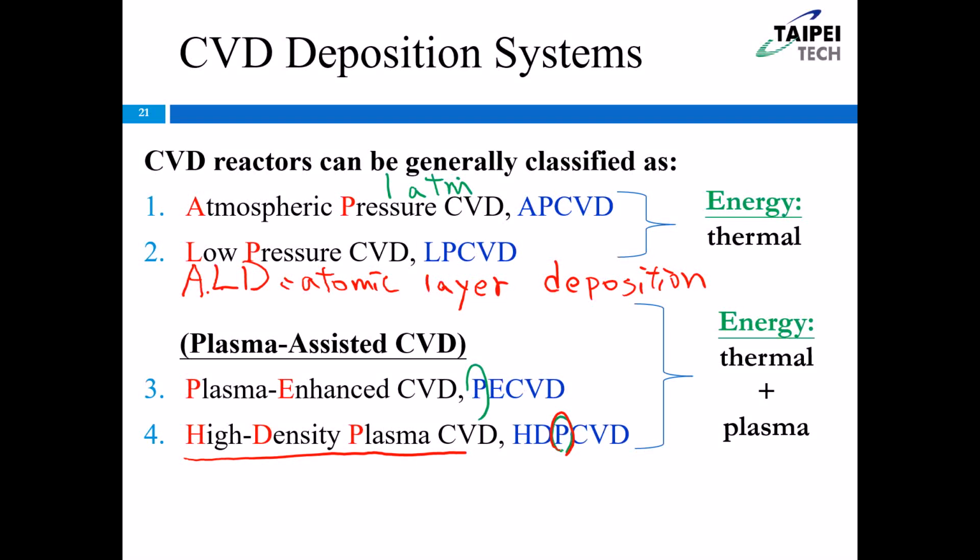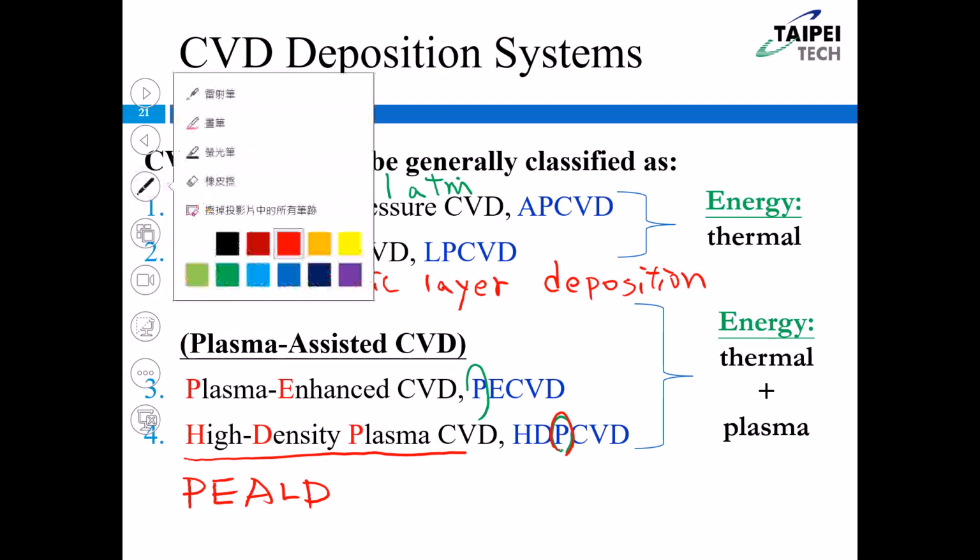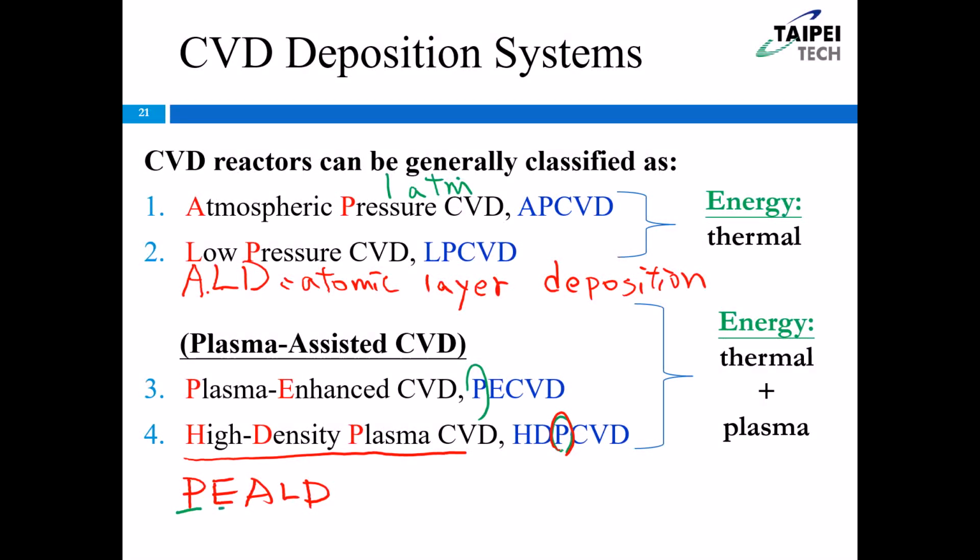If we only say ALD, it's atomic layer deposition, and the energy source is from the temperature, from the thermal energy. Okay. However, we also have another ALD. We call it PEALD. So PEALD, this PE is just like in PECVD, plasma enhanced CVD, right? PEALD is plasma enhanced ALD, okay?